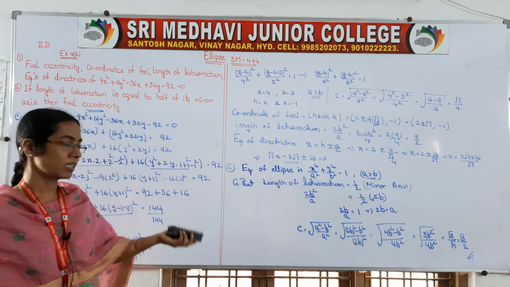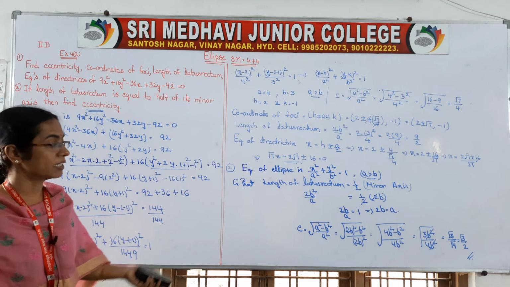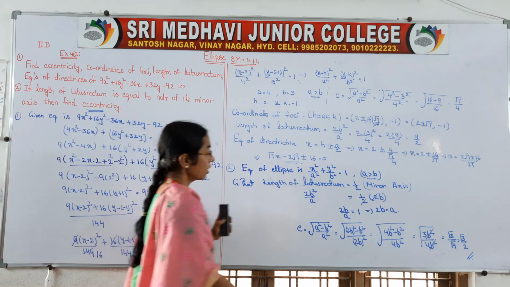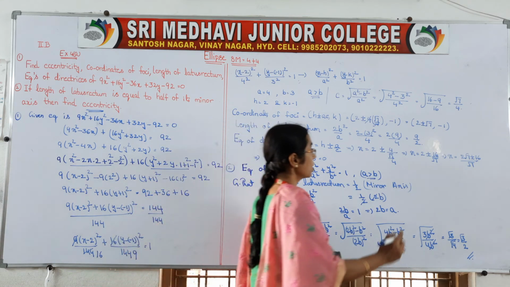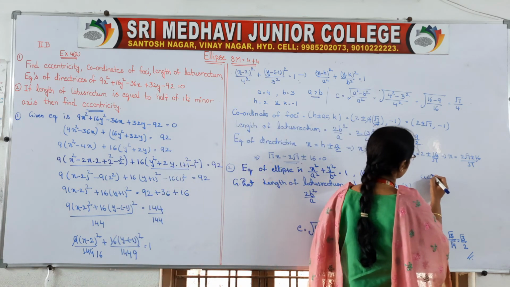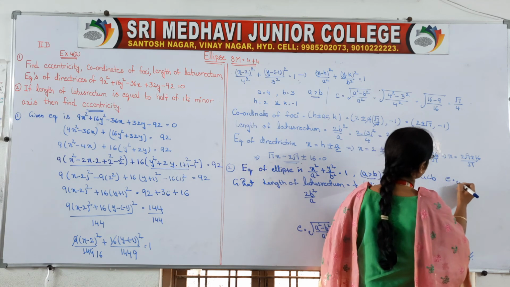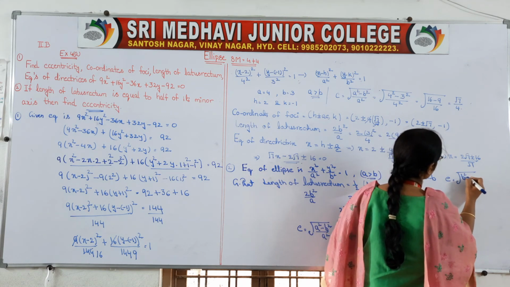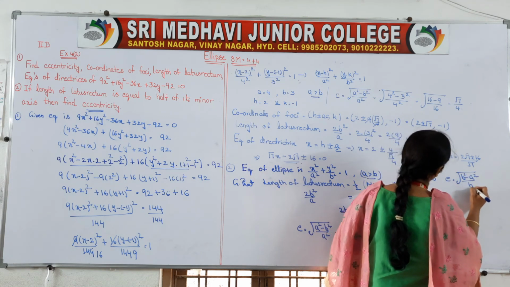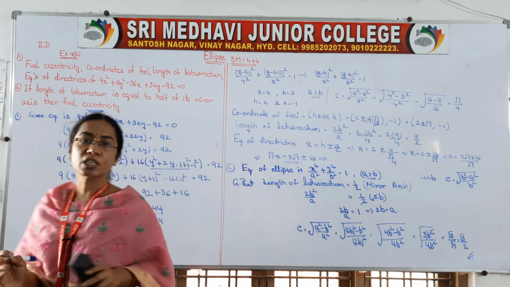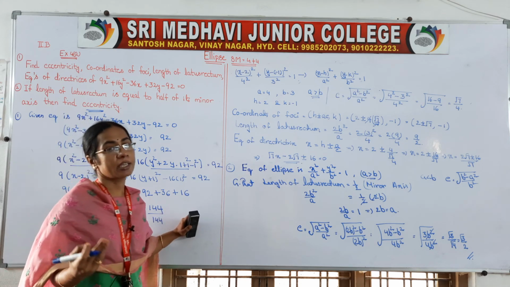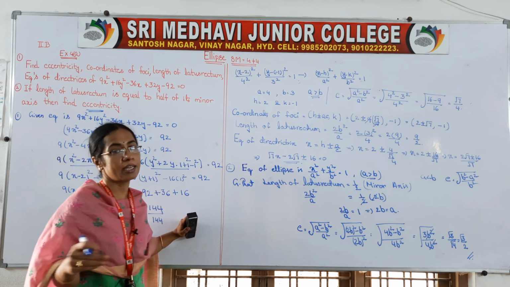Once we got it, just take your eccentricity. What is your eccentricity? Root of a square minus, yes, be careful. Suppose a is less than b, your eccentricity will be root of b square minus a square by b square. So first of all we have to check whether a is greater than b or a is less than b.